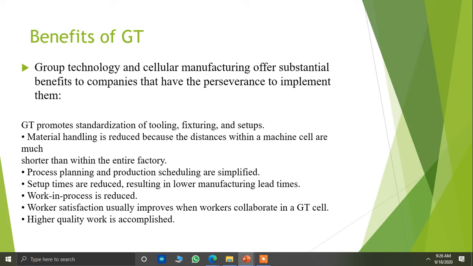For example, you have planned for a product, so you know what machining operation has to take place in one particular cell. You can create an order stating that I need these machines for this particular layout. You can always have a grouping of machines together. Thereby your actual setup time is reduced.